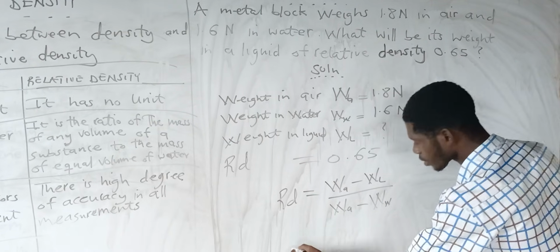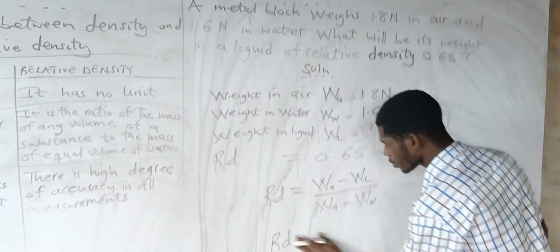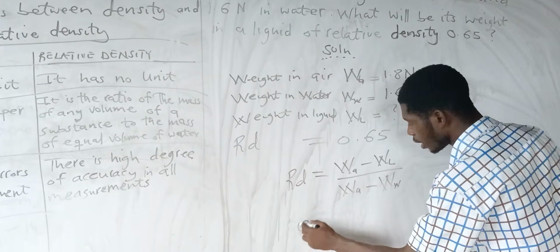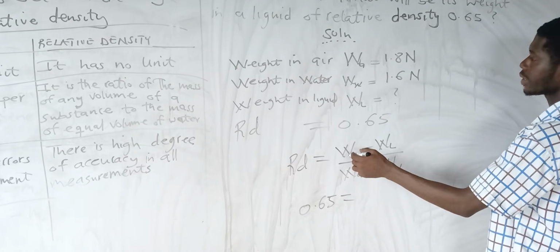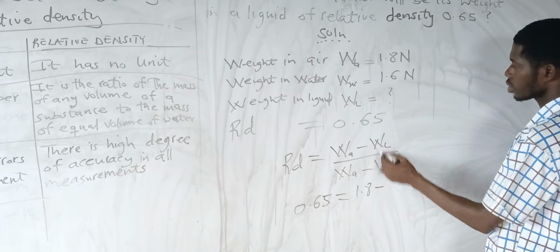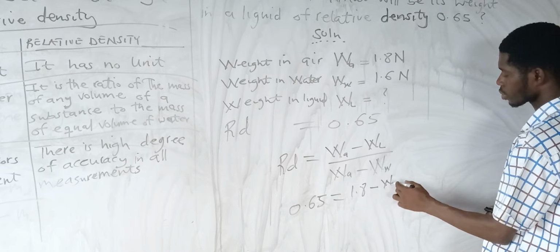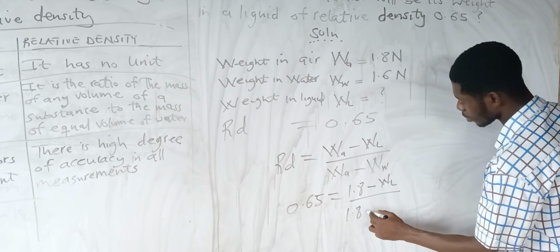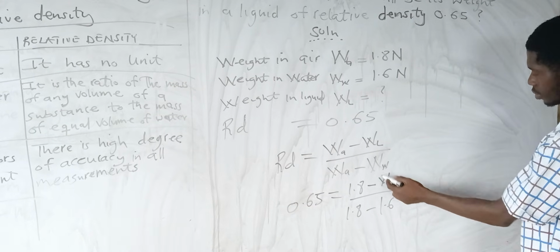So now, RD, that's relative density, was given to us in the question as 0.65. It is equal to weight in air, that's 1.8, minus weight in liquid, which you don't know. That's what you're looking for. Then 1.8 minus 1.6, which is the weight in water, over.